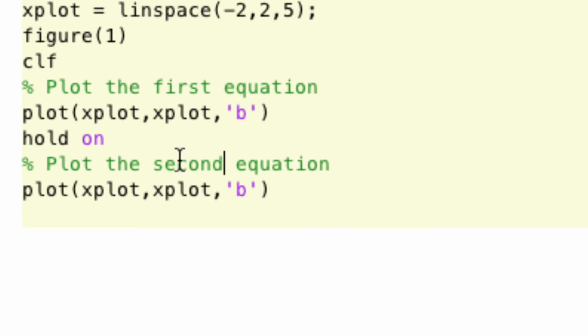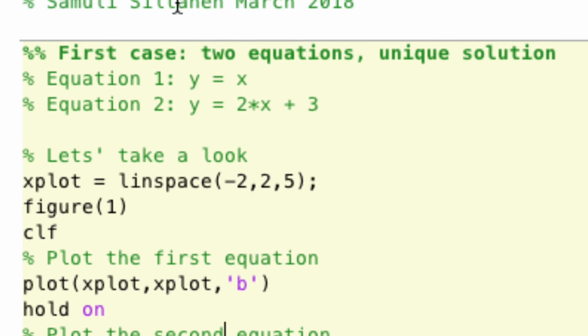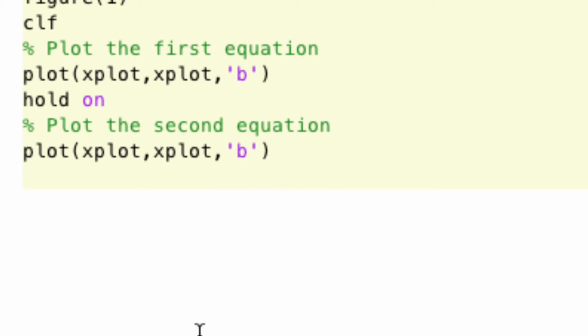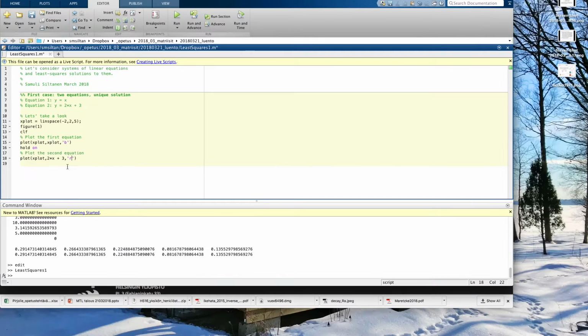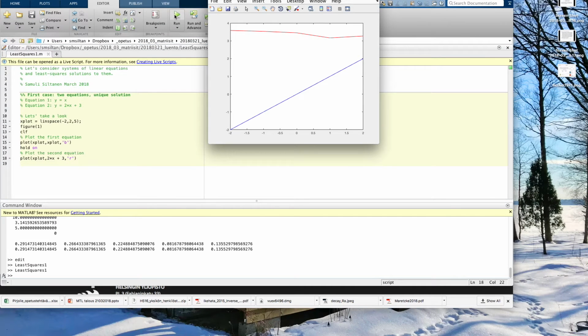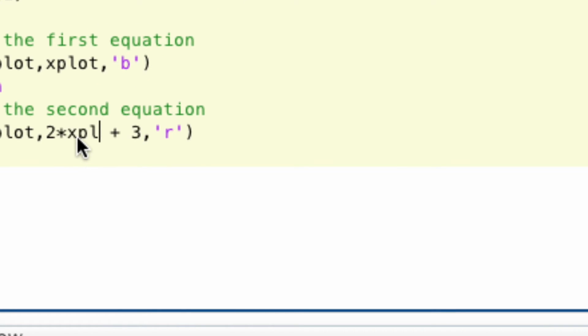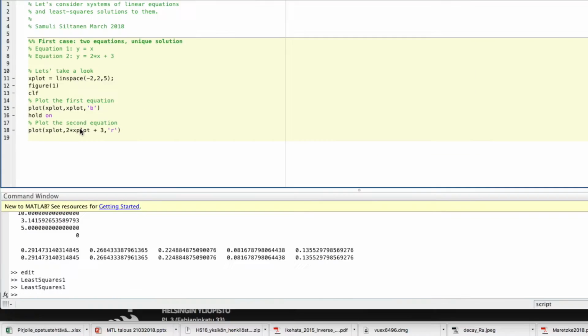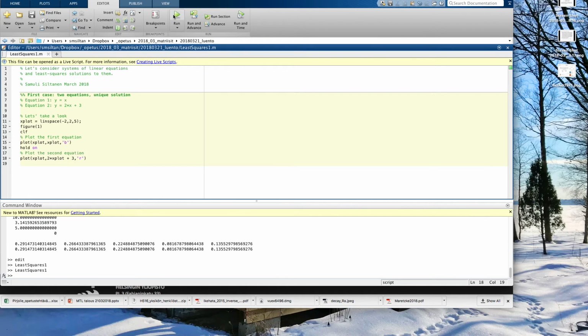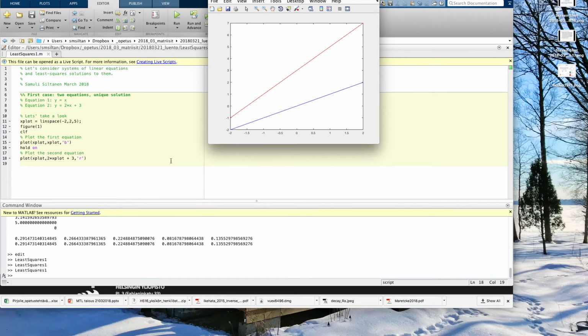Second equation, and what was it? So we have 2x plus 3. Let's plot it with red and see what happens. This should be xplot. Briefly there I was wondering, why is the linear function so non-linear?